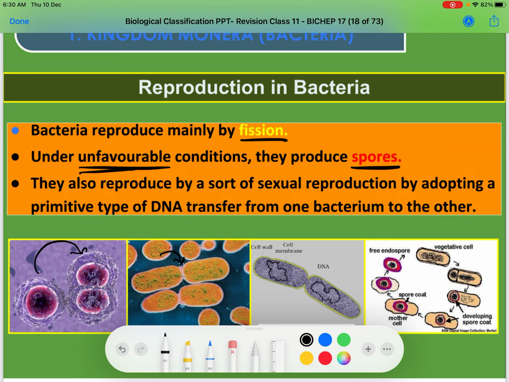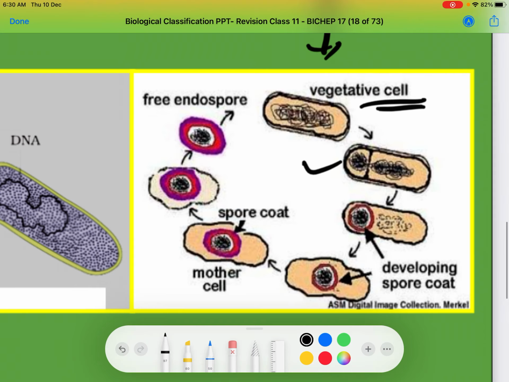Now what spore formation is, is given in the diagram there. So normal vegetative cells are dividing internally, if you see in the diagram here.